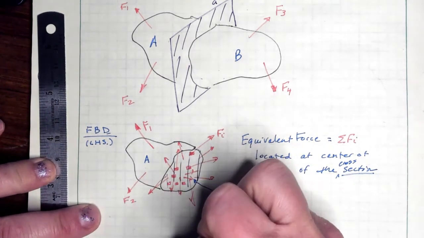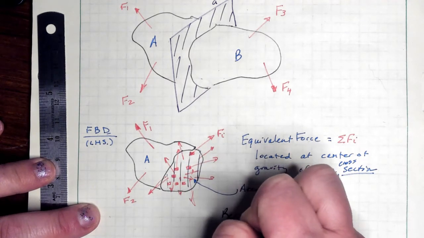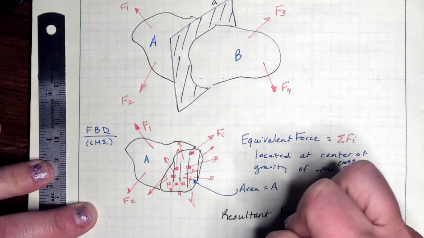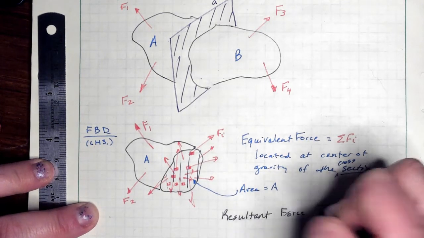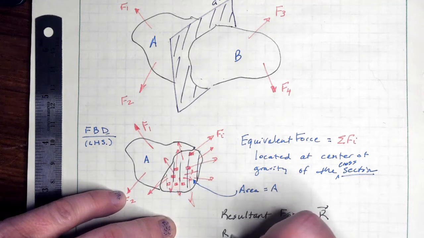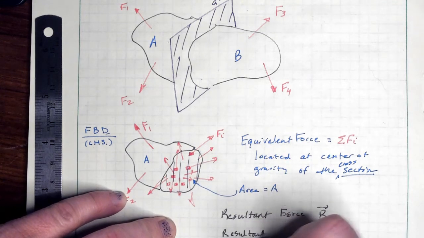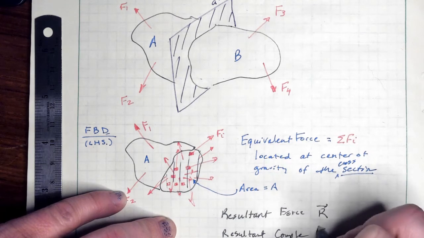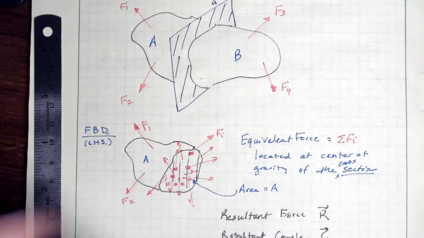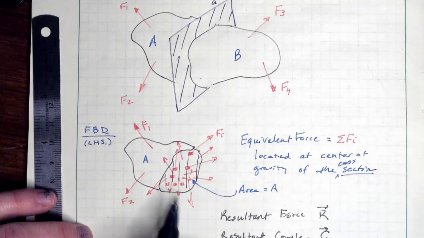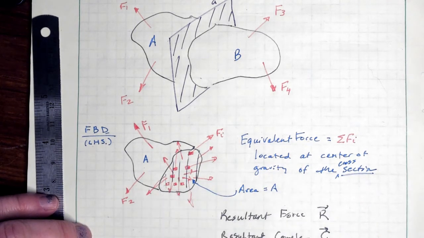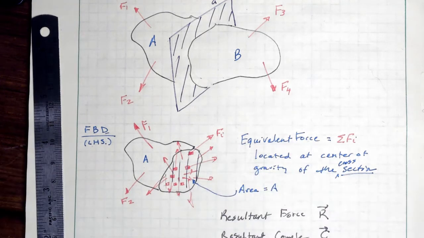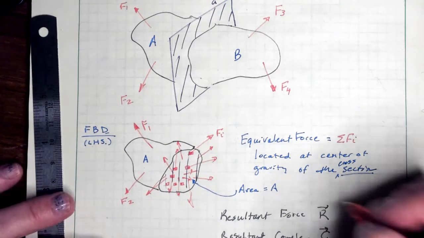I'm going to call them resultant forces, R, and a resultant couple, C. Okay, they are acting at the center of gravity. We'll just redraw it. Anyway, they are placed at the centroid of the cross section.